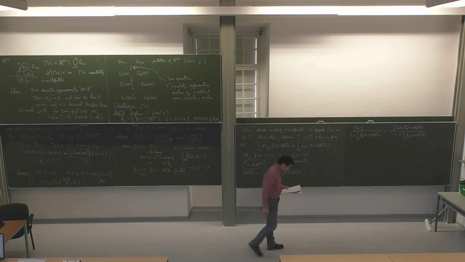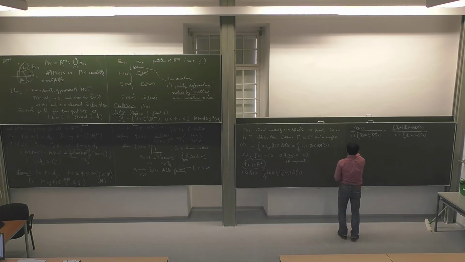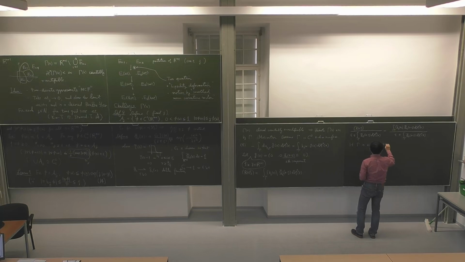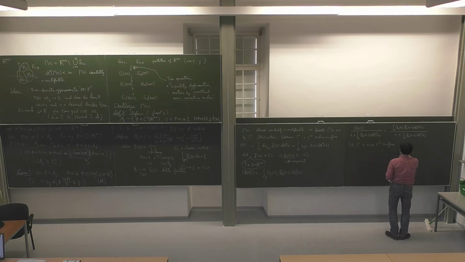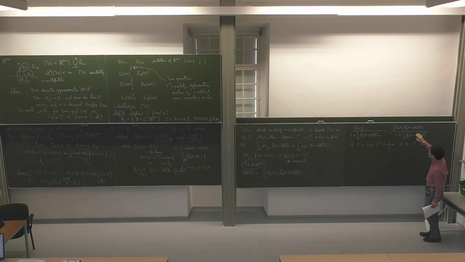Note that if gamma is nice and smooth, and y is in the surface, then this Gaussian is concentrated around y, of course.